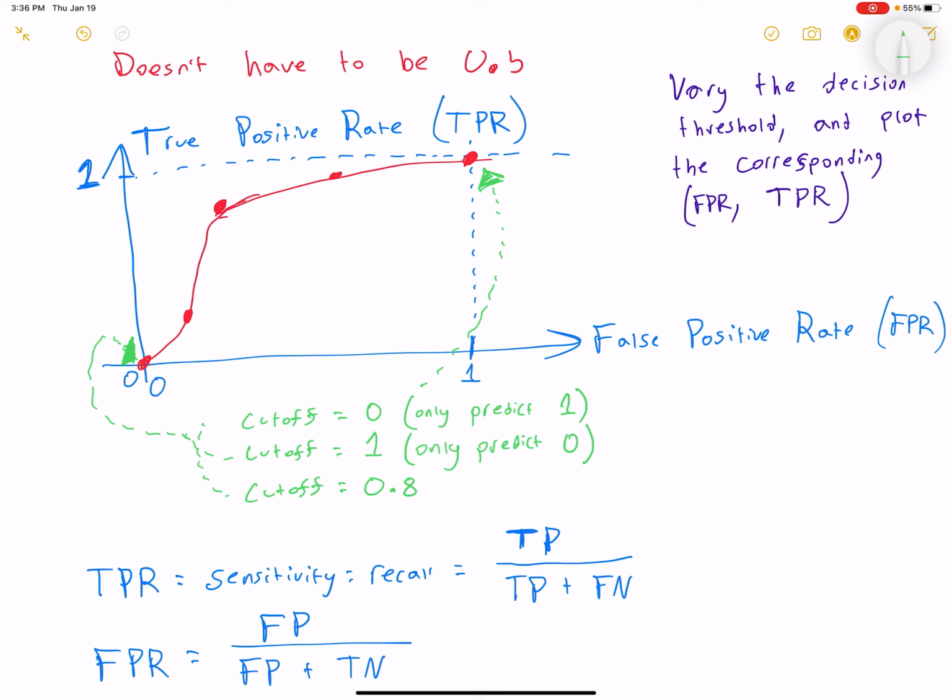So as a result, the false positive rate is going to be relatively low because you're not really predicting positive.